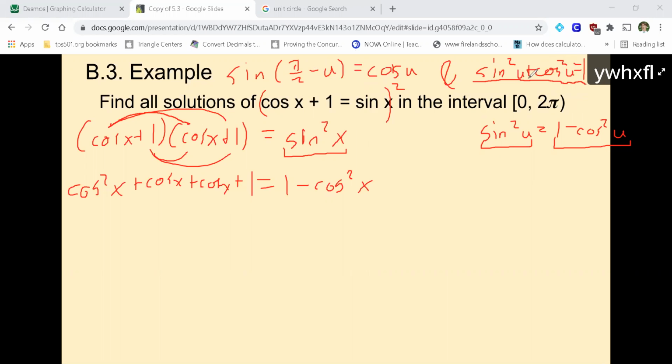And in order to use this Pythagorean identity, I need a trig function squared, which we can get by squaring this entire equation.